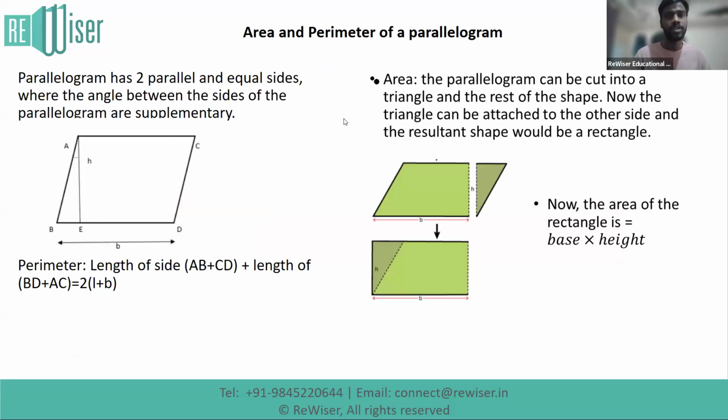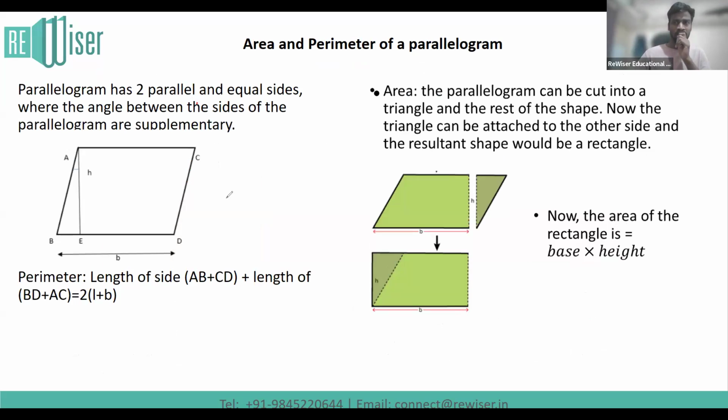Next, if I talk about area and perimeter of the parallelogram. The perimeter is the sum of all four sides. The property of a parallelogram is that the opposite sides are equal and parallel.